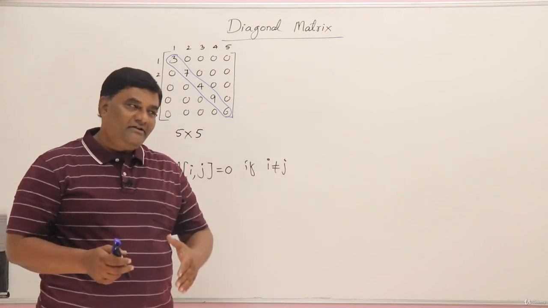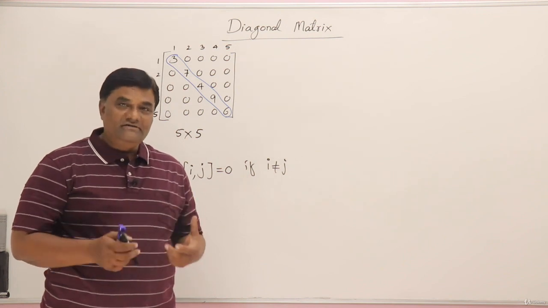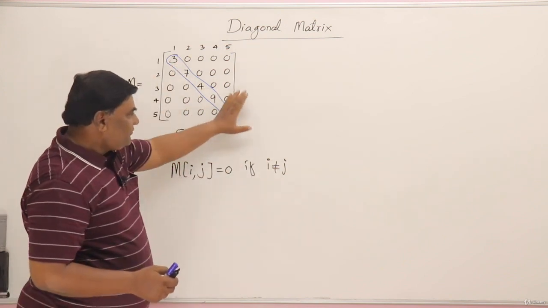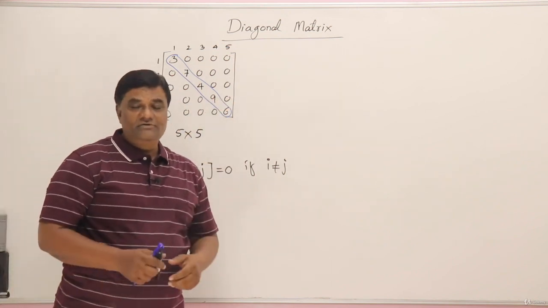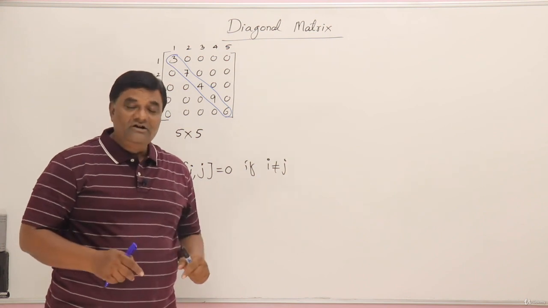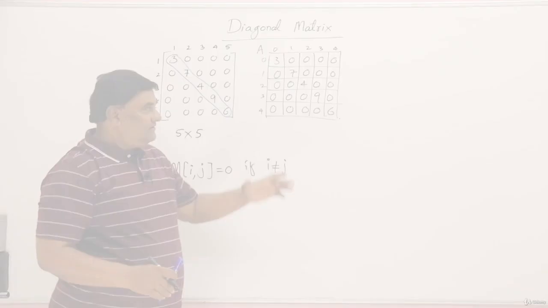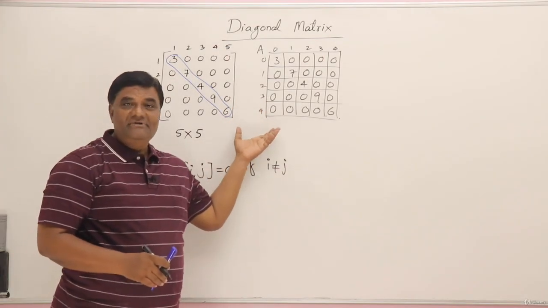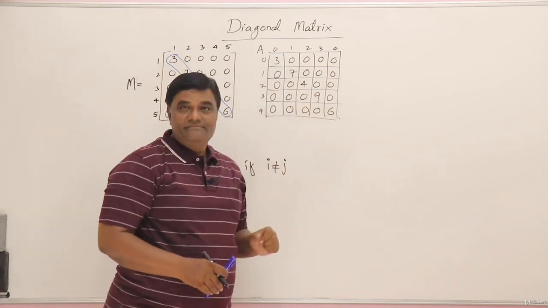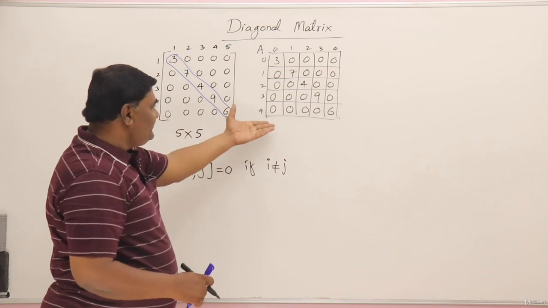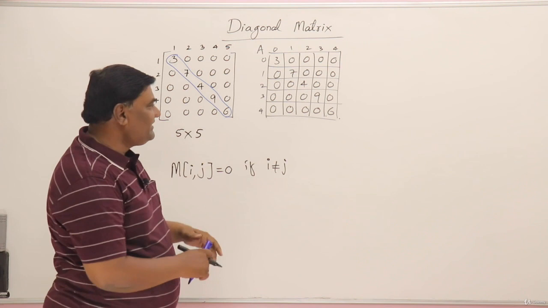Now, if I have to represent a diagonal matrix in a program, then for a matrix I have to take a two-dimensional array, 5 rows and 5 columns. But if I take a two-dimensional array of size 5 by 5, most of the elements will be zeros. If these are integers and an integer is taking 2 bytes, then how many bytes of memory is this array consuming?